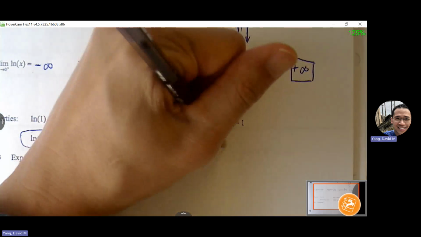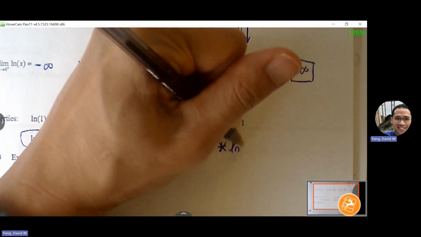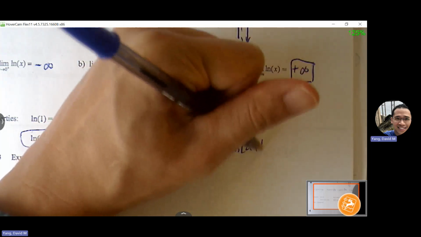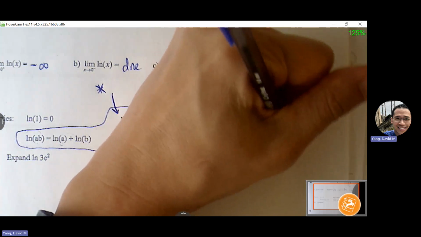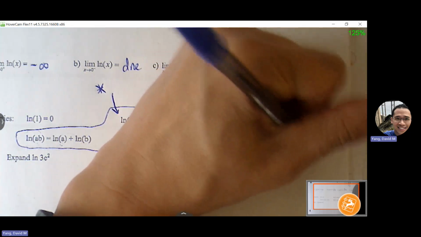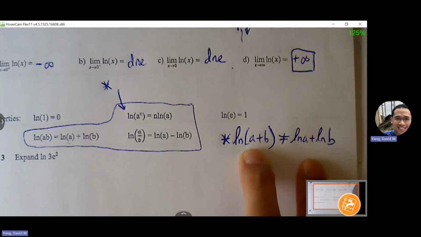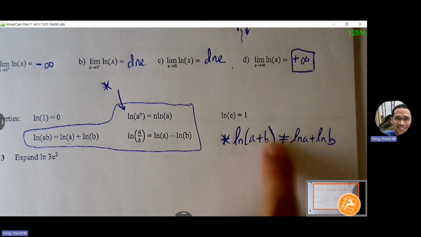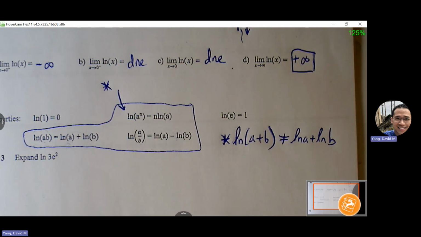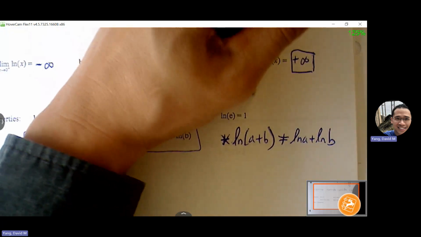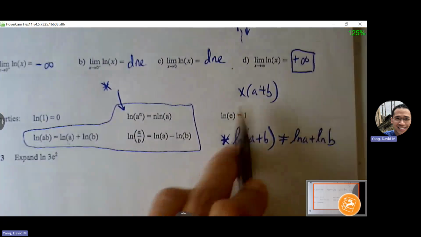There is one thing that we cannot do. If I have natural log of a plus b, I cannot say natural log of a plus natural log of b. I know this is going to feel like it works because why not distribute if I see parentheses? But a plus b is not outside of the natural log. I can do it if it was, let's say, x times a plus b. These are completely independent of each other.